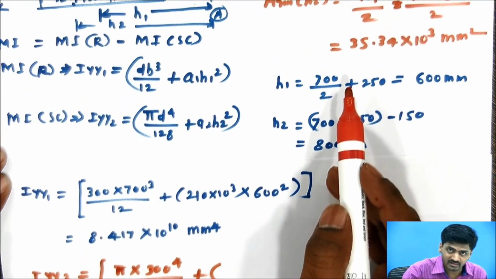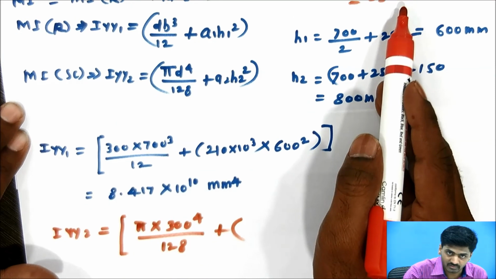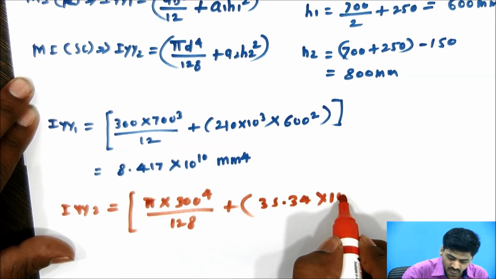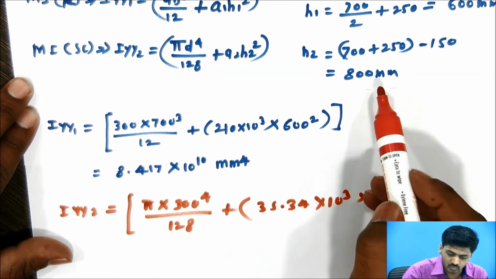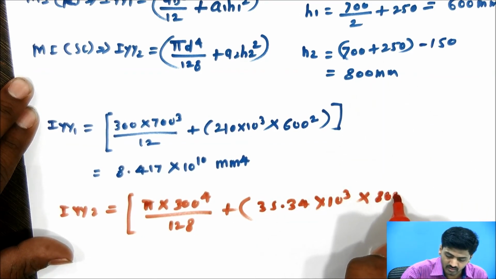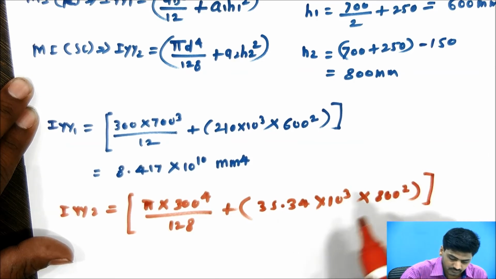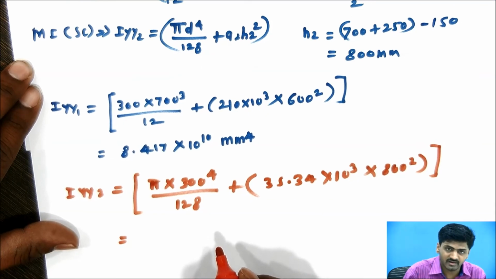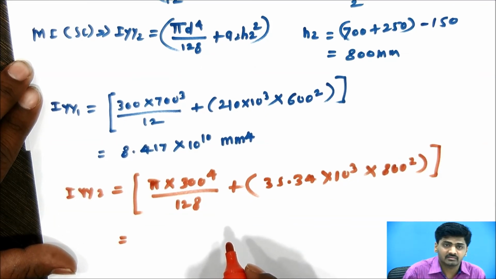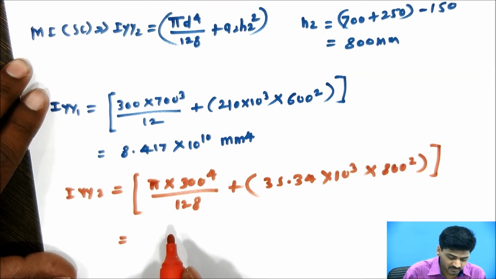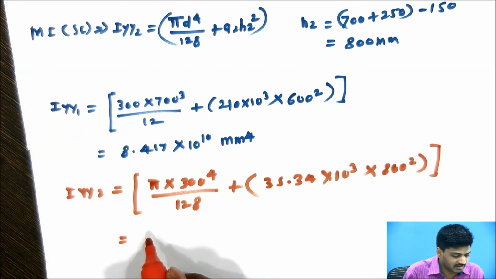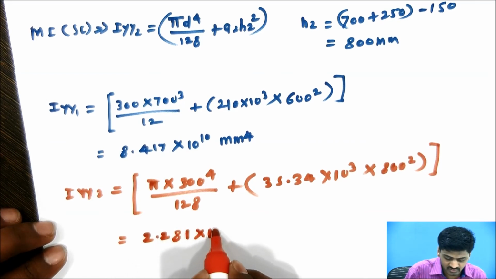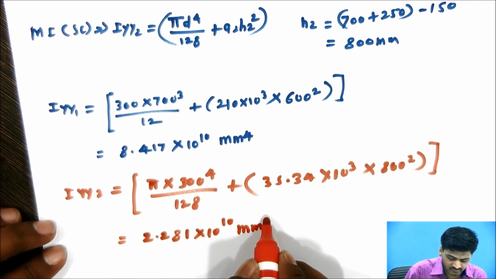A2 we have already calculated, 35.34 into 10 power 3, into your H2, that is 800 square. So here also you may do the calculation and try to identify it. After calculating, you will get the moment of inertia of semicircle, and this particular value is 2.281 into 10 power 10 mm raised to 4.